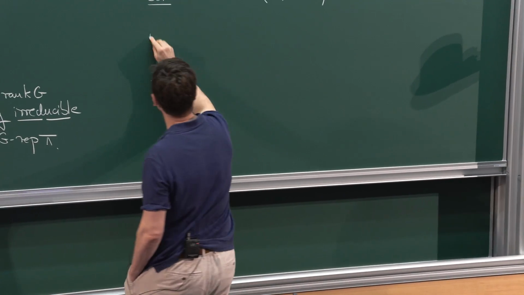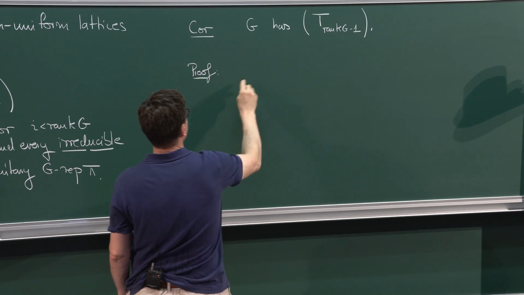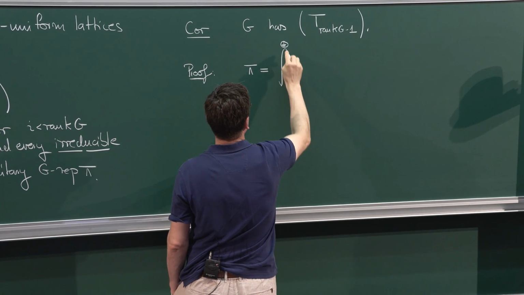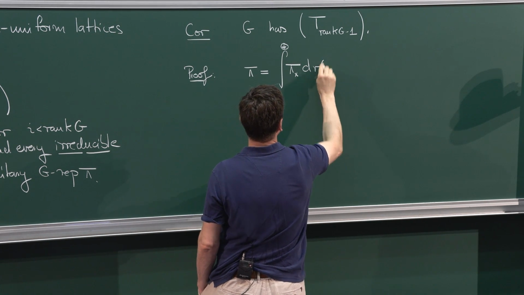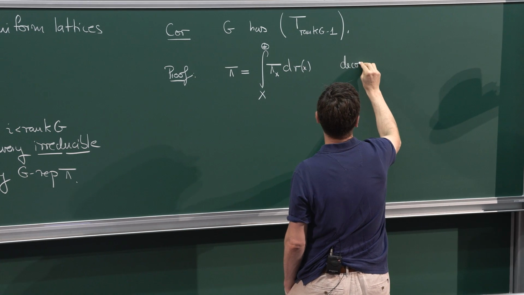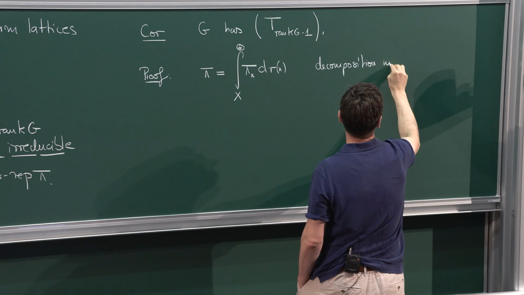And the proof is, so if you have this pi, there is a decomposition in irreducibles. Sorry? Yeah.